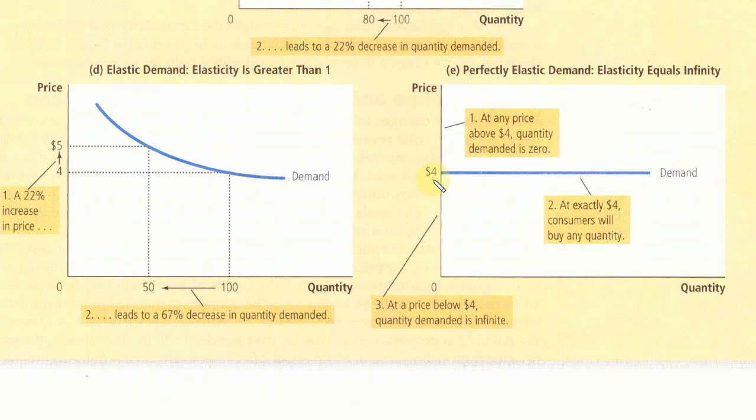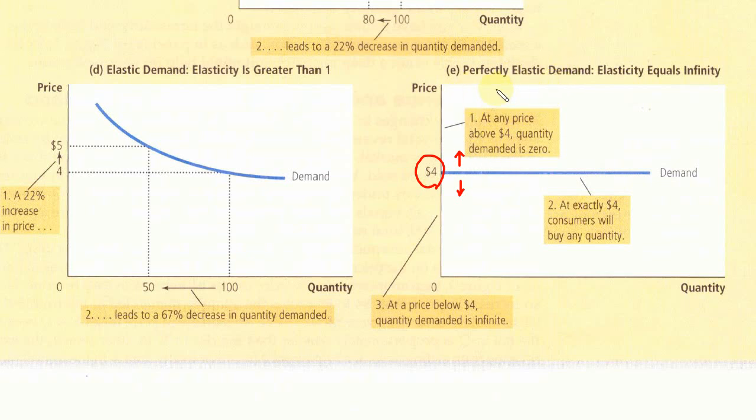Even a slight price change tremendously changes the quantity demanded. On the basis of this base price, even a small drop or small increase of price makes a big influence on demand. This is perfectly elastic demand.